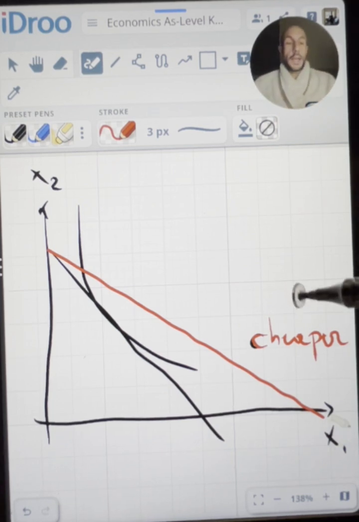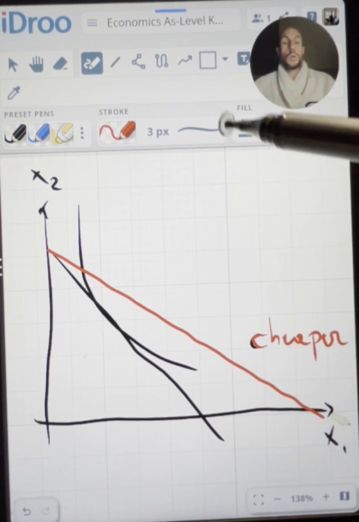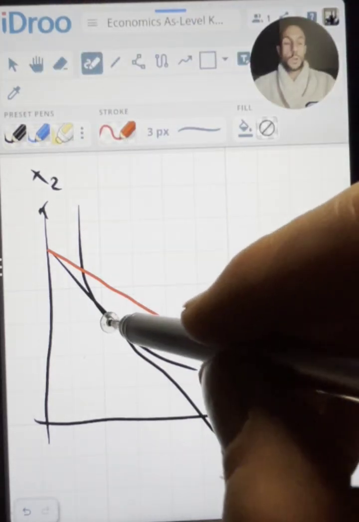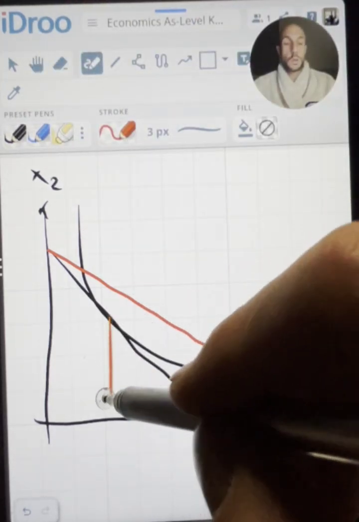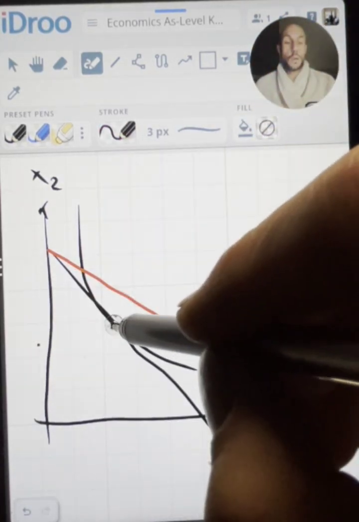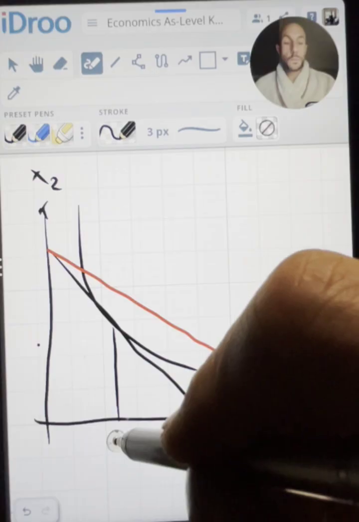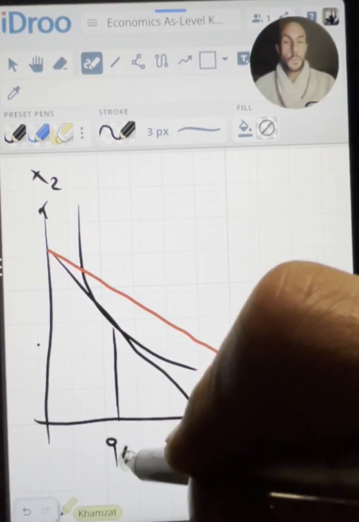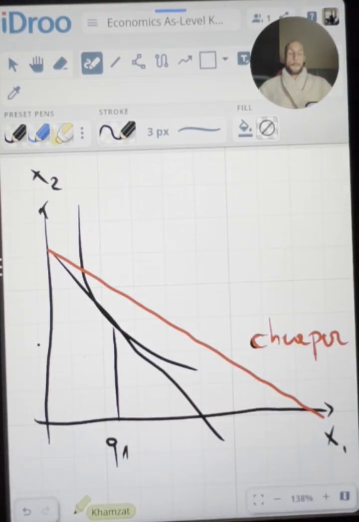So it gets cheaper. What happens to the original quantity, which was this one? Can you draw it? All right, let's see. What happens to the original quantity. So this is the quantity. Wait, let me just get a different color pen, so we don't mix those up.